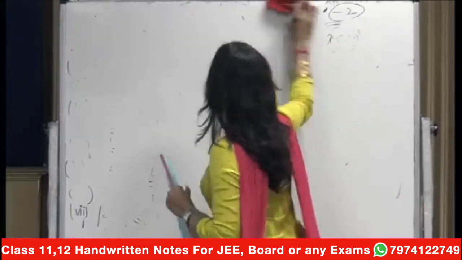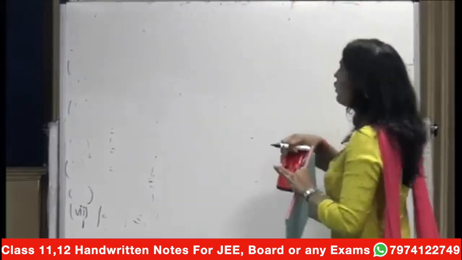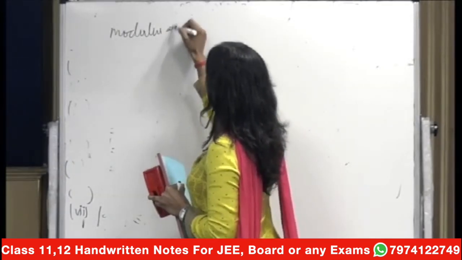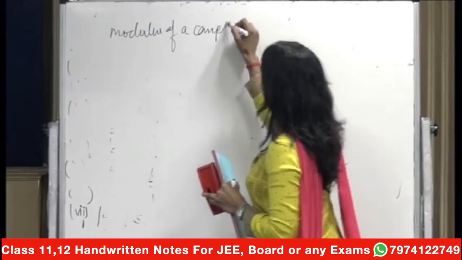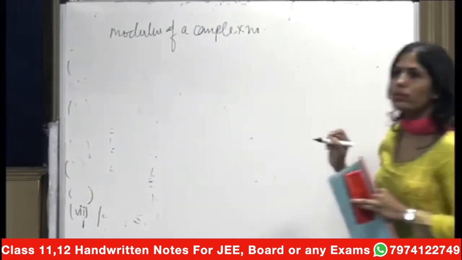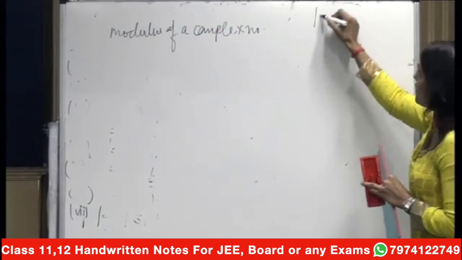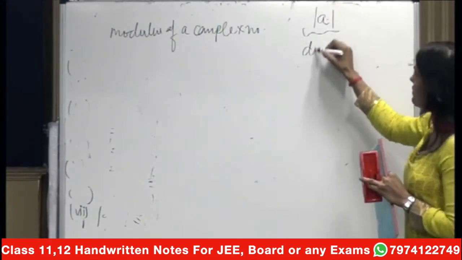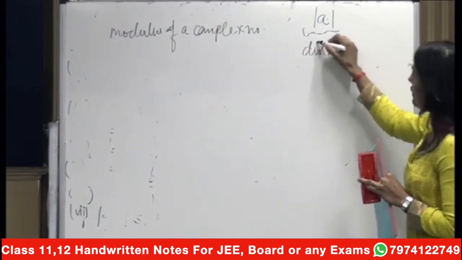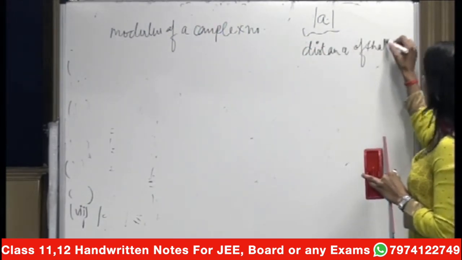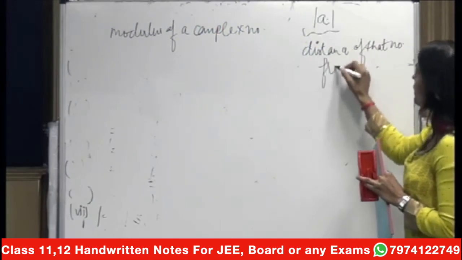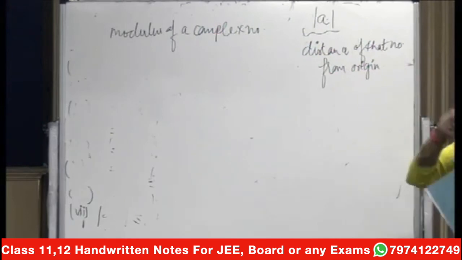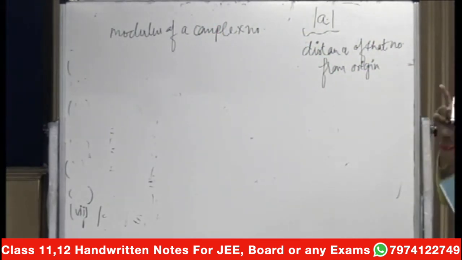Okay, now mod of a real number you got to know, now modulus of a complex number. One more thing you will learn, mod of any real number is basically the distance of that number from origin.